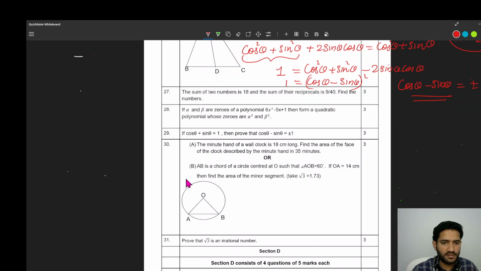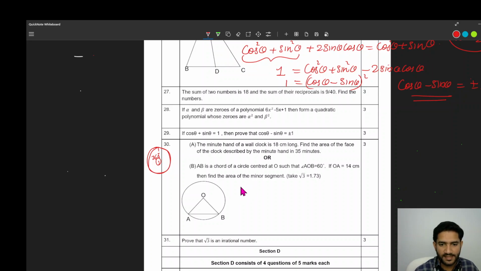Now the 30th one. A minute hand of a wall clock is 18 centimeter long. Find the area of the face of the clock described by the minute hand in 35 minutes. So we know that for a clock, if one rotation is finished, we'll get 360 degree.